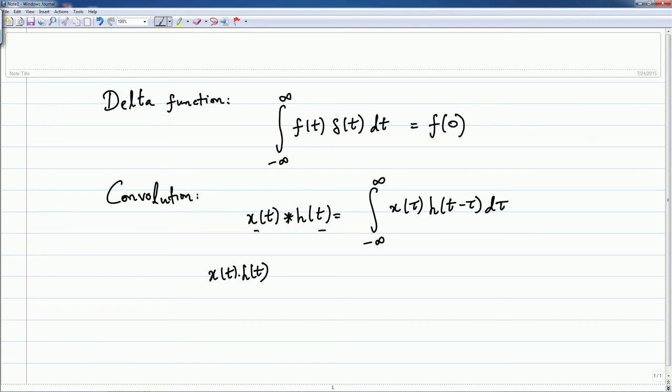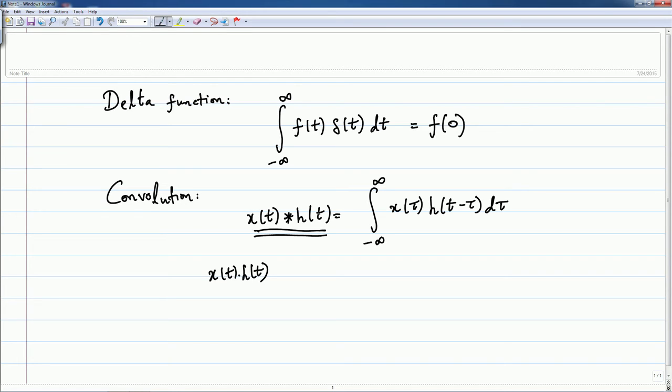But convolution, even though we write it like that, x of t, h of t convolved, it is not enough if I know values of x only at t and values of h only at t. No way, you cannot find the convolution that way. This is just a shorthand notation to denote this complicated integral, and this integral, as you can see, uses the values of h and the values of x for all time. Okay. So, this notation is very misleading, particularly when you write x of t, h of t.